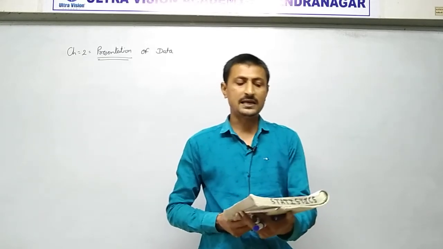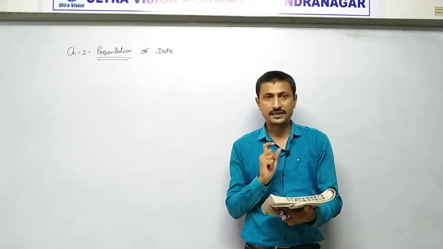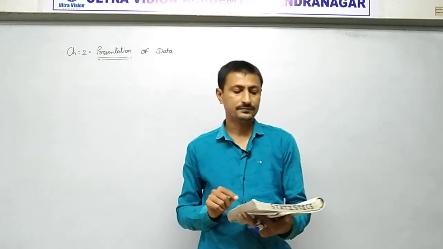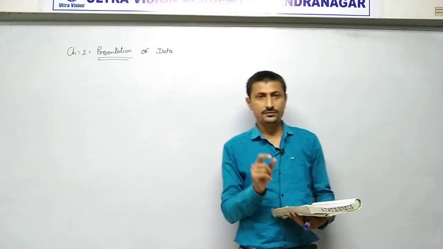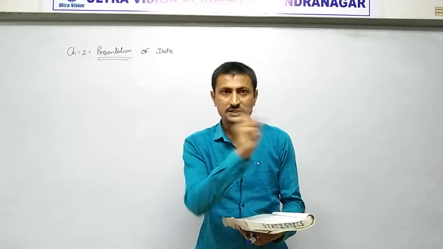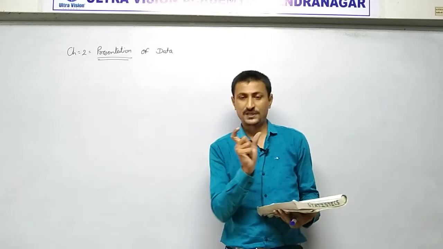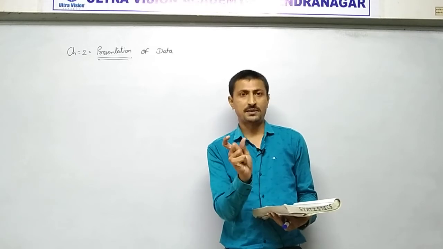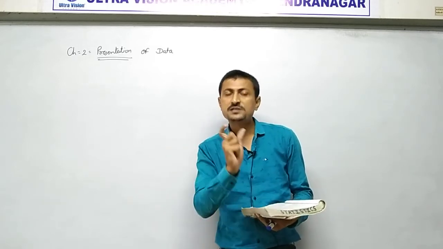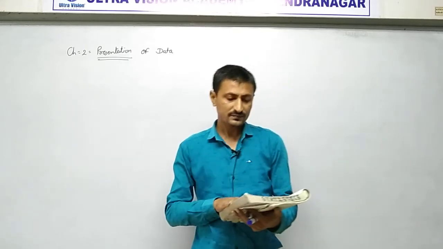If a variable can assume any value within a specified range, then it is called a continuous variable. Underline the definition: if a variable can assume values within a specified range 0 to 10, 10 to 20, 20 to 30, for example, marks and number of students, then it is called a continuous variable.